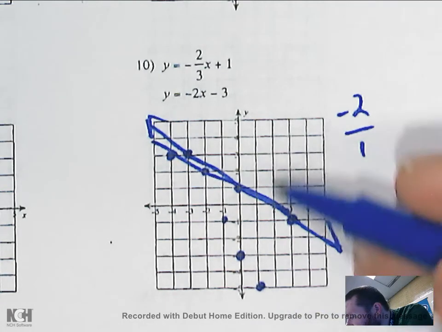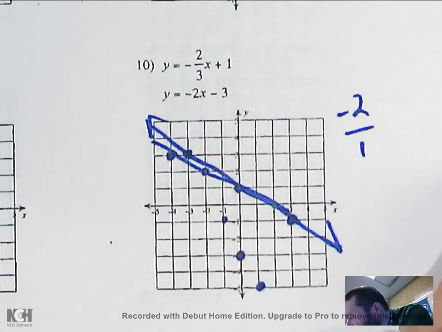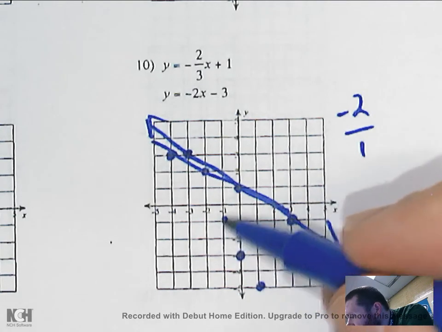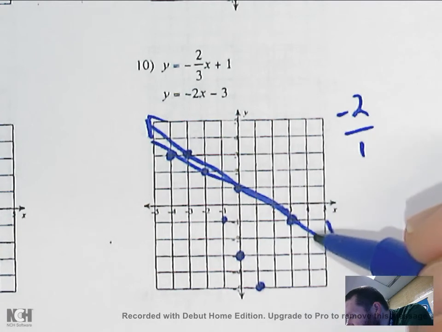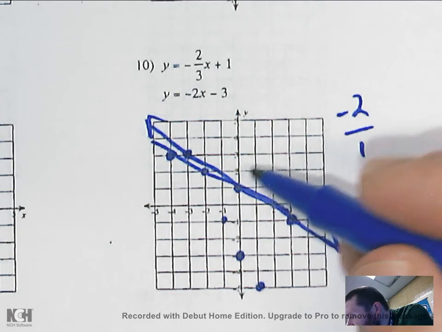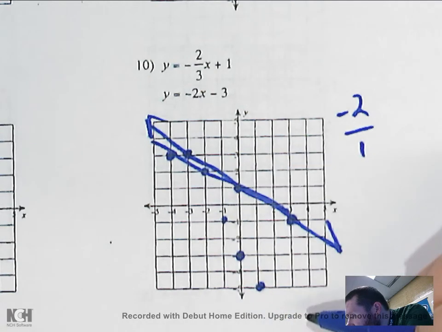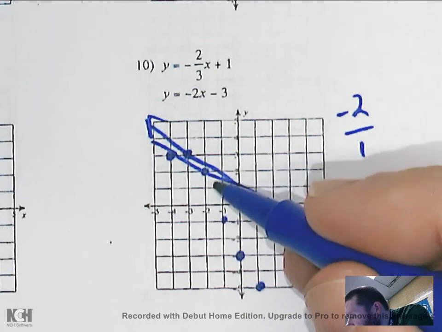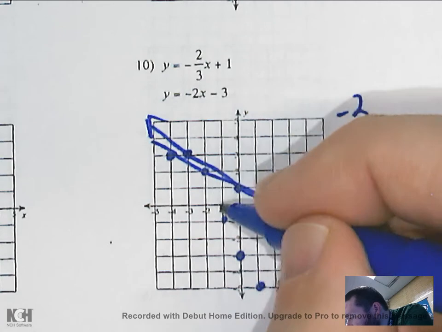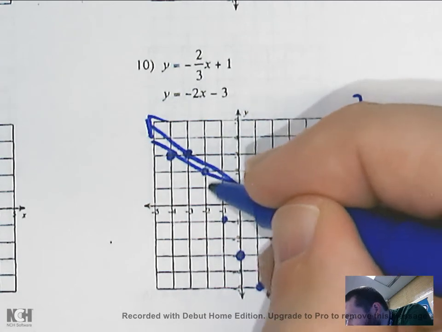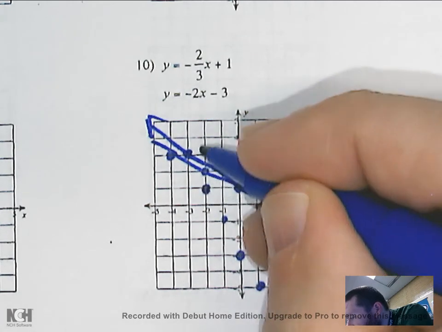What did I do wrong here? Started at 1, down 2/3, up 2, left 3. Should hit right here, is the other point.